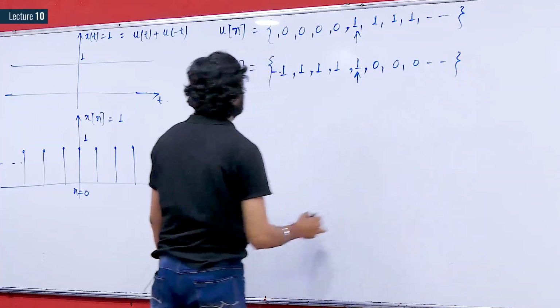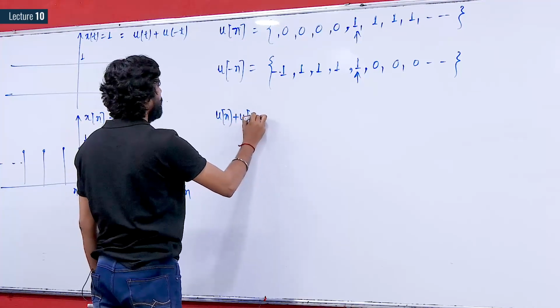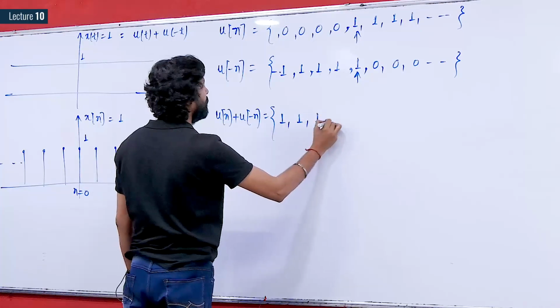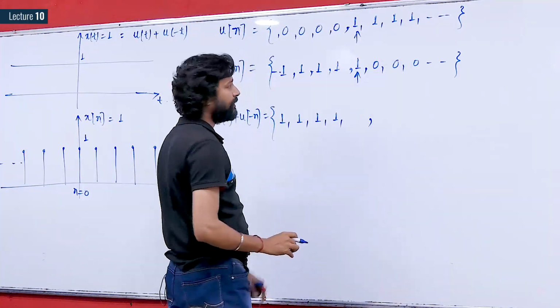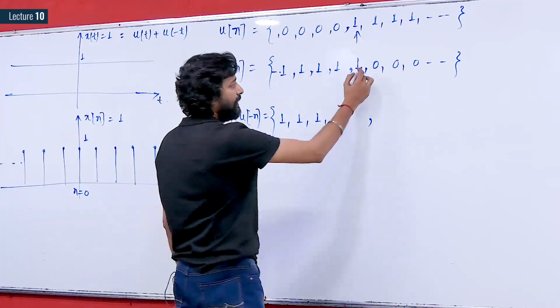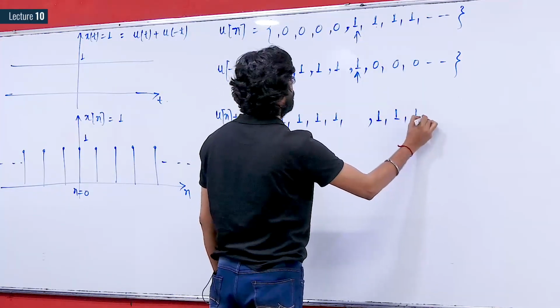So if you add up these two, u of n plus u of minus n is going to give you values 1 everywhere, except at n equals 0. If you are adding, then 0 plus 1 is 1, and all values after n equals 0, again 0 plus 1, that is 1, and so on.